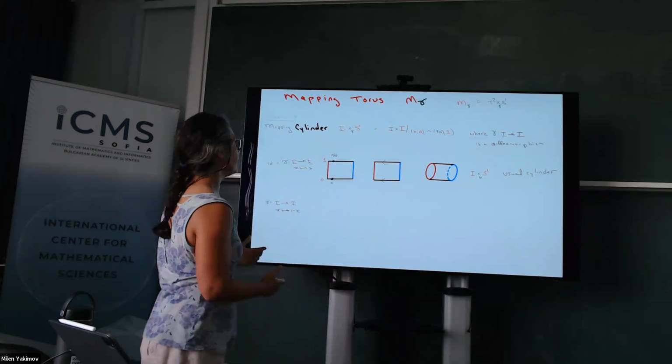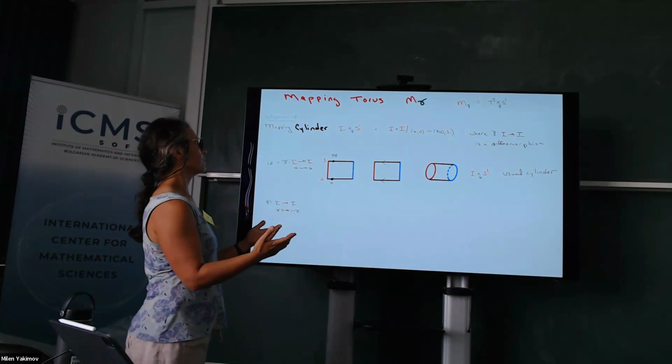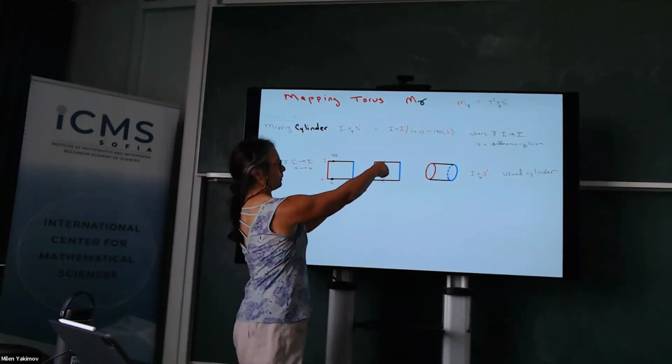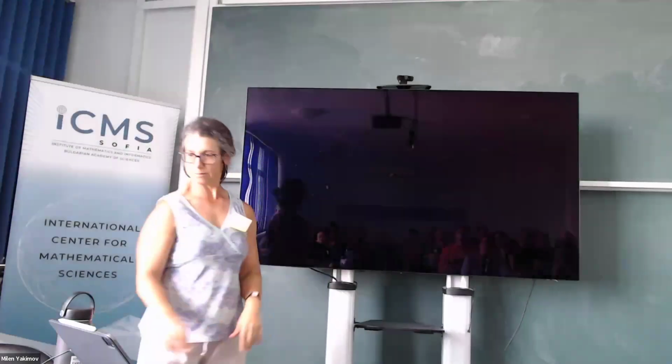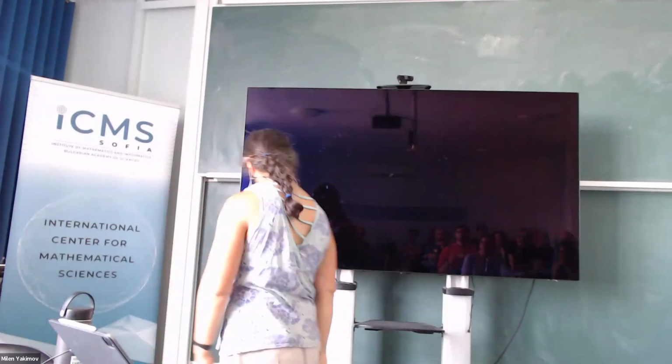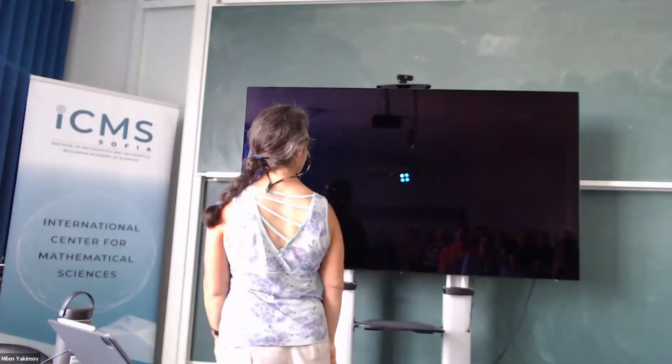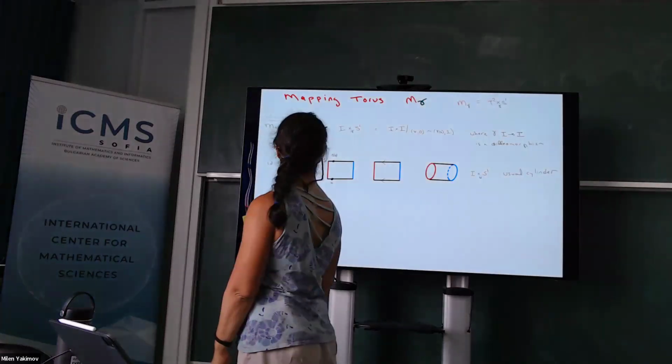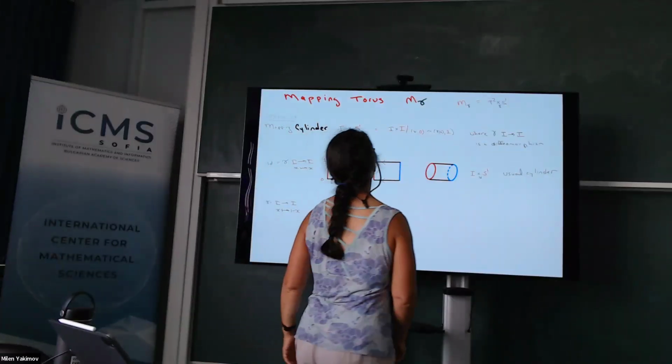So when it's the identity, you're just crossing the circle, and you draw it by identifying two sides.